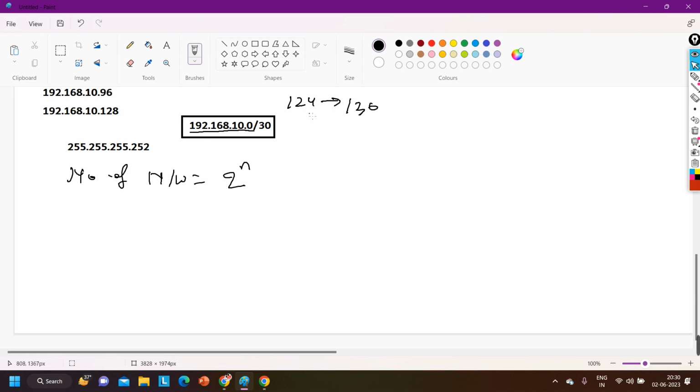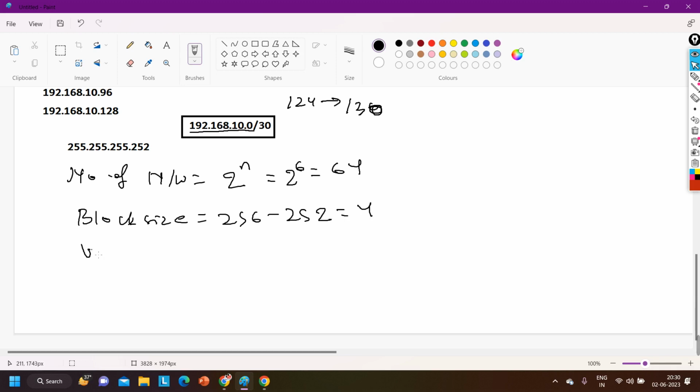That means I have borrowed 6 bits. So this is n. So 2 to the power 6 will be your networks, 64. After that, block size. The block size formula is 256 minus the subnet mask of the last octet, and the subnet mask of the last octet is 252. So it will be 4.